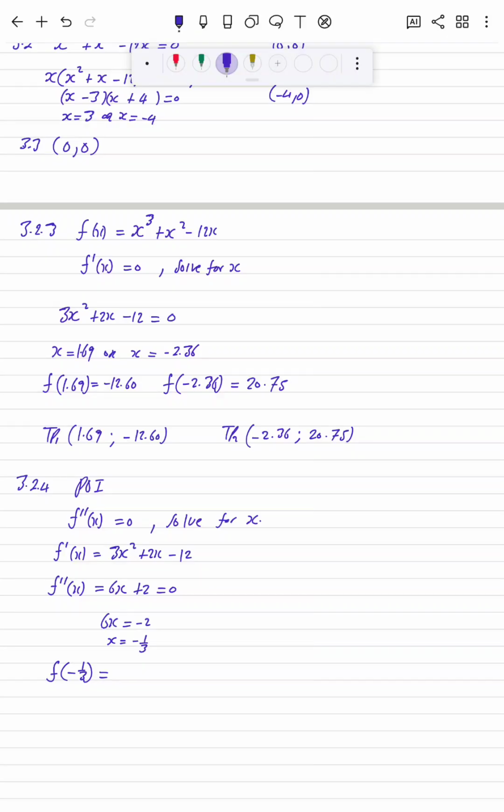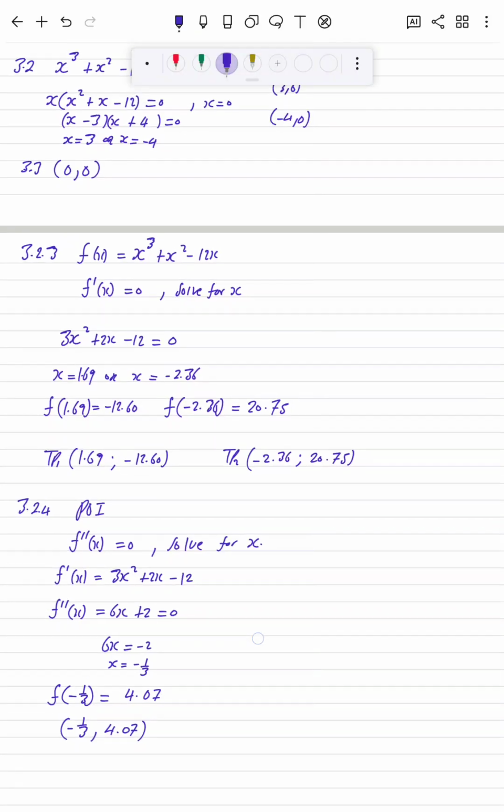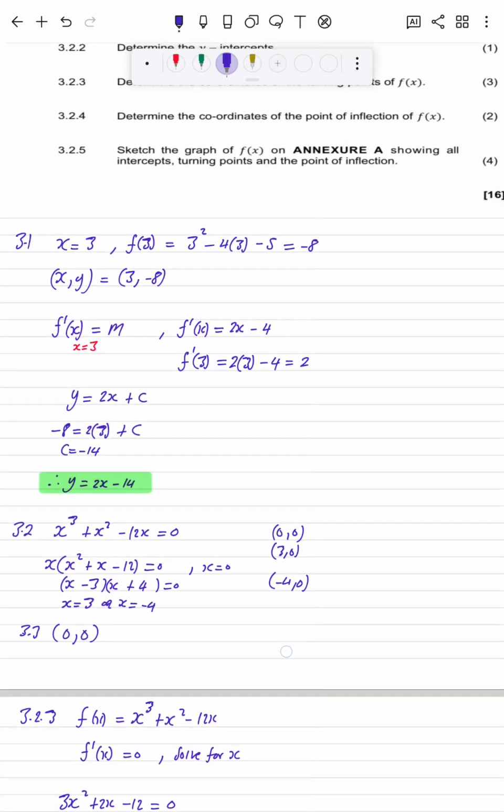Remember, a point is a coordinate. So that's what we are looking for. And the calculator will give you 4,07. So our point of inflection is going to be at minus a third and then 4,07. So that's how you find the so-called point of inflection.